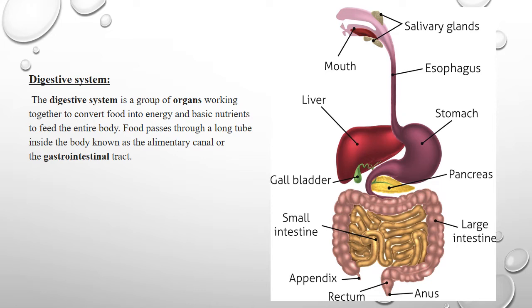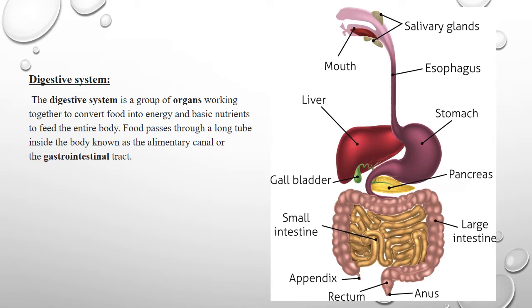The liver secretes bile juice, pancreas secretes pancreatic juice. The wall of the small intestine helps in the digestion of the food. The food which is digested in the small intestine enters through the wall of the intestine into the bloodstream.